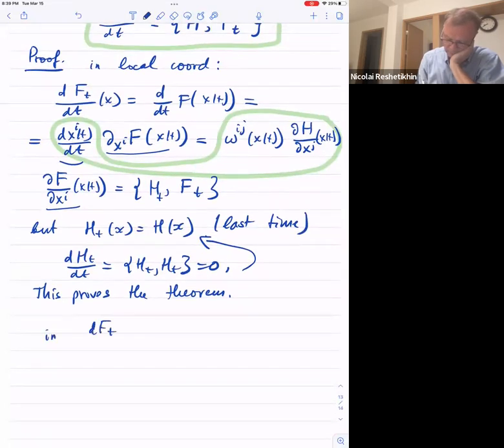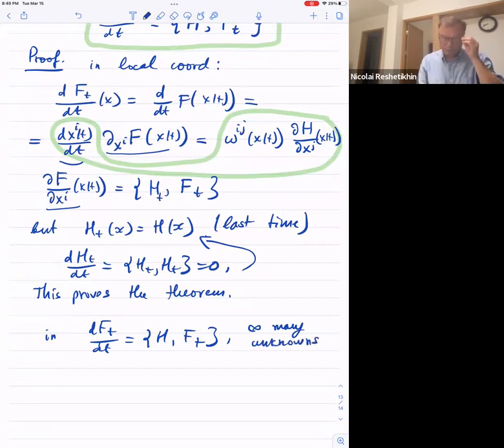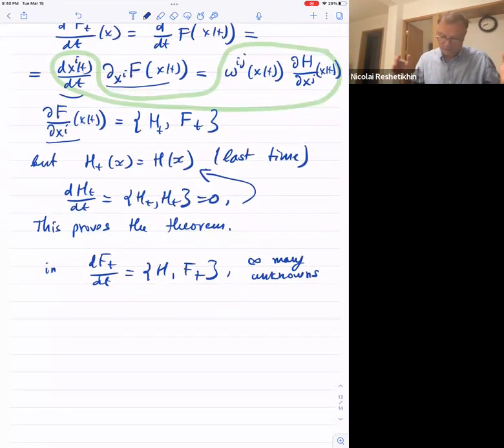In this differential equation, we have infinitely many unknowns. Let's suppose we don't have any good basis in the space of C infinity functions, but suppose that we are in some algebraic setting where we can replace C infinity by polynomials.